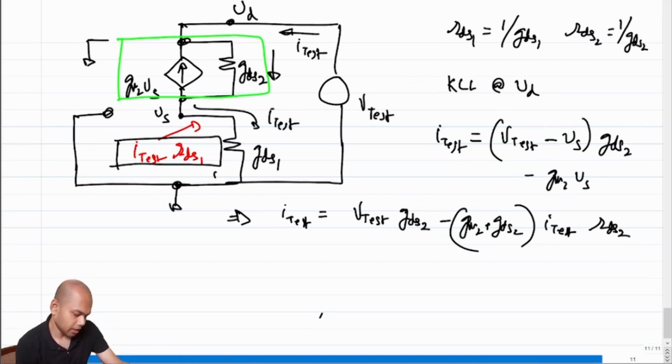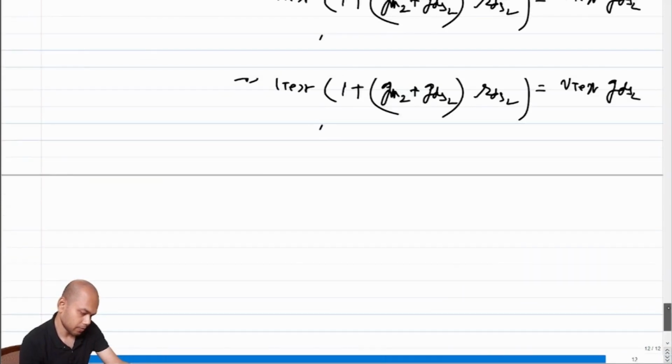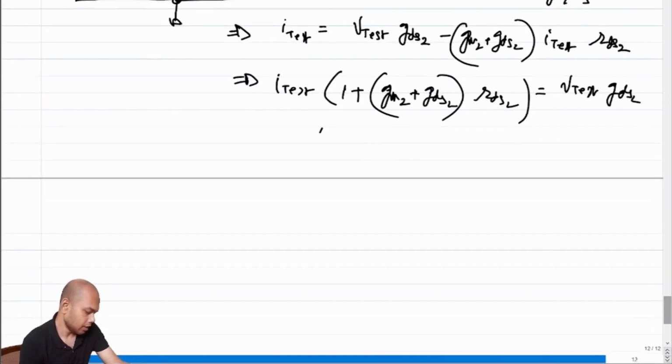Now if I push everything to the other side, it becomes I test times 1 plus GM2 plus GDS2 times RDS1 is equal to V test times GDS2, correct?